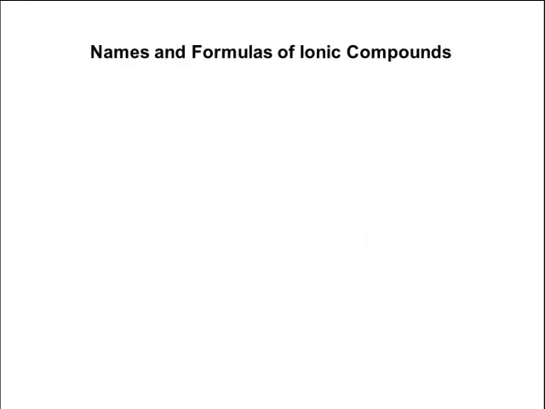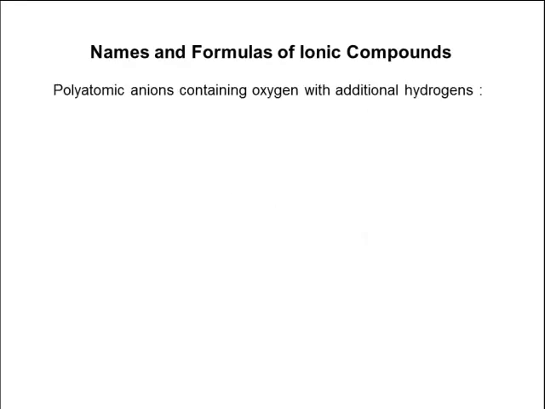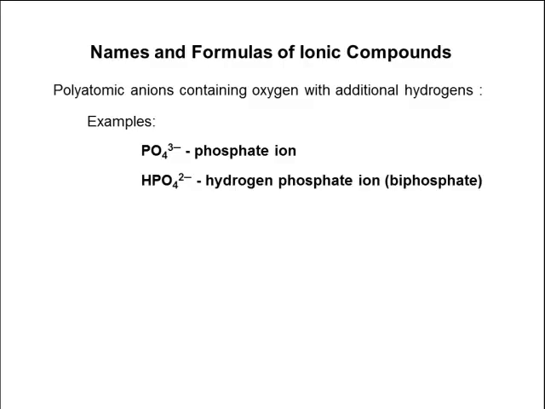Now let's look at another set of rules that are going to help us predict some names. If we have these polyatomic anions that contain oxygen and we add additional hydrogens, we've got a group of rules that we can use to predict those formulas and those names. But remember, you still at least need to know the formula and name for the -ate form. So if I have phosphate is PO4 3-, and I have that memorized, I know what it looks like and know its name, if I add 1 hydrogen to that, I get HPO4 2-.